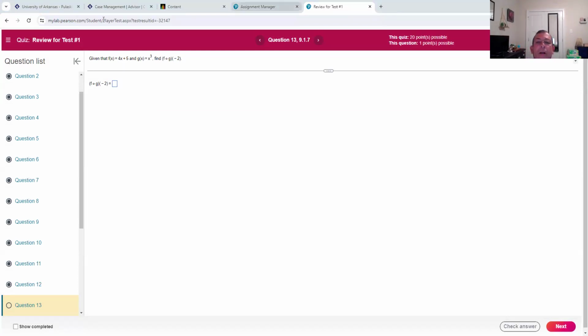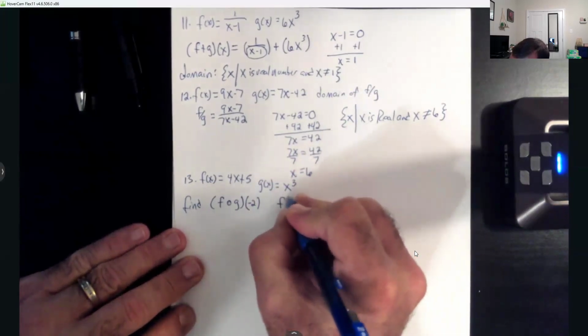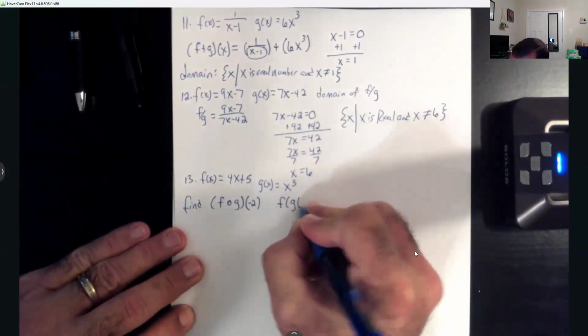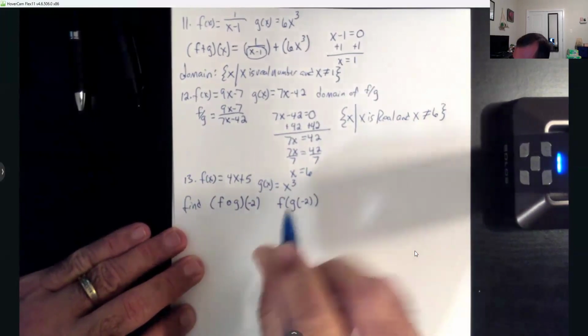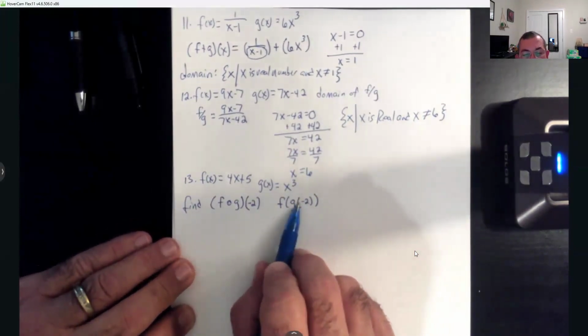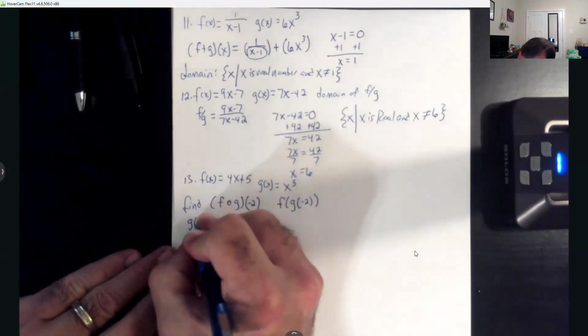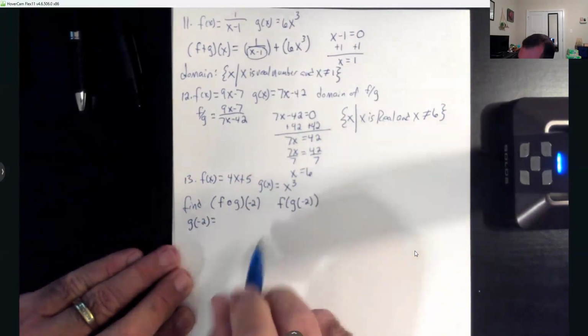All right, y'all, so let me go share that. We'll work that out. So remember, this is like f of g of negative 2. I'm going to put negative 2 into the g first. Once I get that answer, I'll put it into the f. So we're going to find g of negative 2 first.